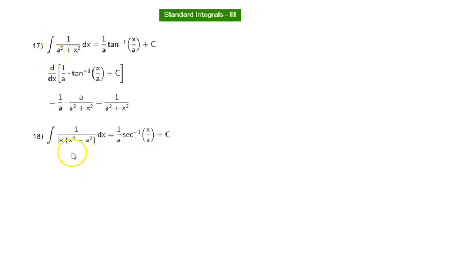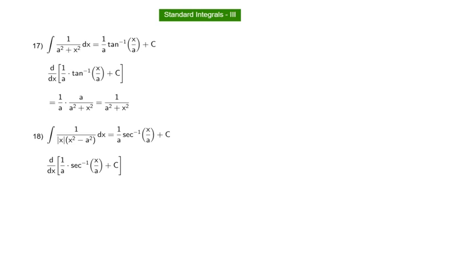Now, 18th one. Integral of 1 by absolute value of x times square root of x square minus a square dx is equal to 1 by a sec inverse of x by a plus c.